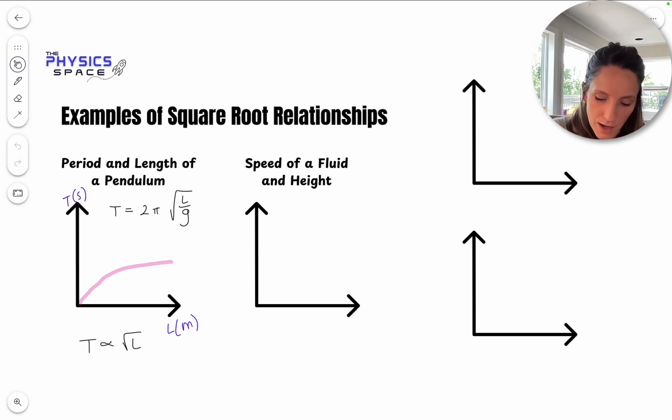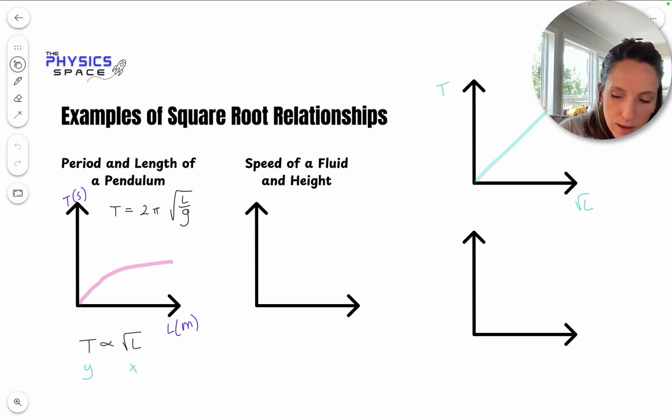So now if I put this on my y-axis and this on my x-axis so that I have T and the square root of L, I am going to have this linearized version of my graph. Okay, I also want to mention another way that we could graph this and also have a linearized graph.